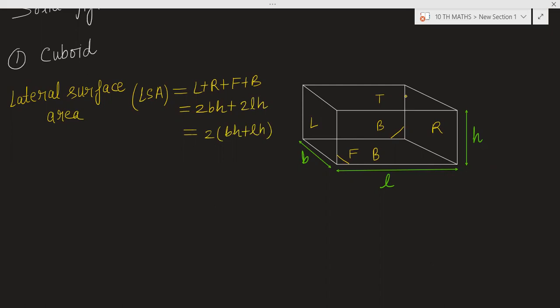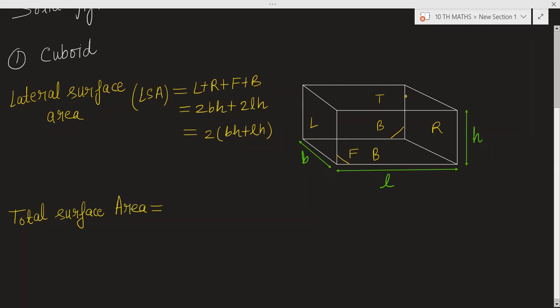If you want to find the total surface area, the meaning of the total surface area is the area which you can paint or which you can touch. All the faces you can touch, so you will take the area of all the faces.